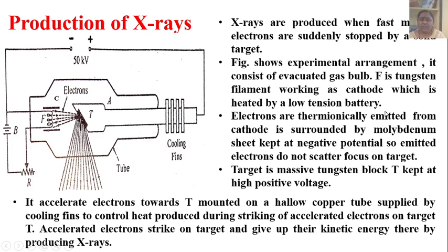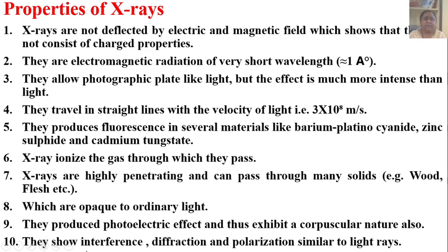Electrons are thermally emitted from the cathode, which is surrounded by a molybdenum sheet kept at negative potential. So emitted electrons do not scatter, and focus on this target, that is the anode terminal. Now accelerated electrons strike the target and give up their kinetic energy, thereby producing X-rays.